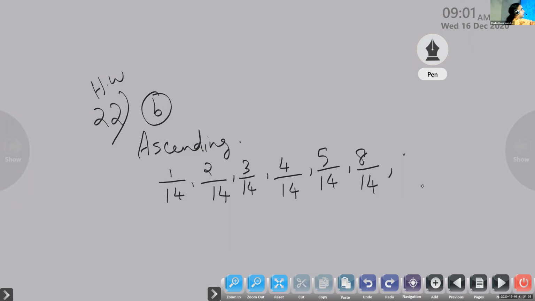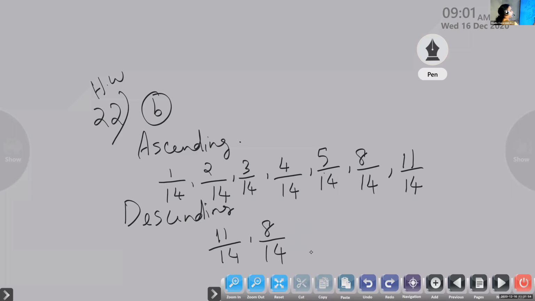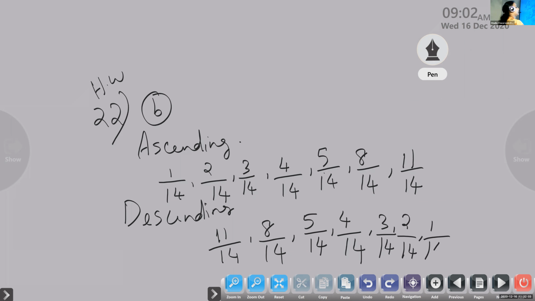After writing, please check whether you have written all 7. And descending, children, you can do the reverse: 11 by 14, 8 by 14, 5 by 14, 4 by 14, 3 by 14, 2 by 14, and 1 by 14.